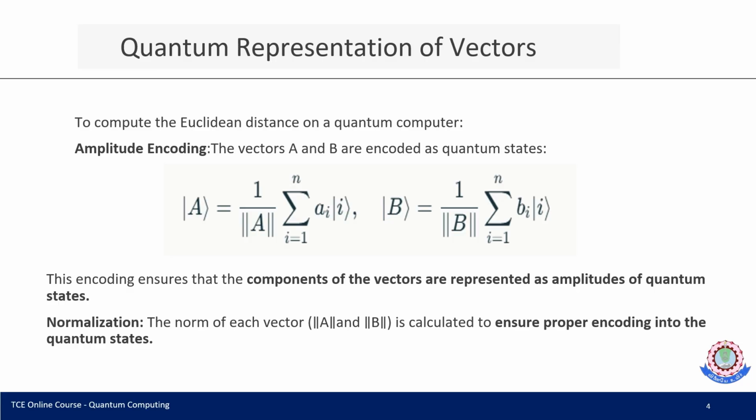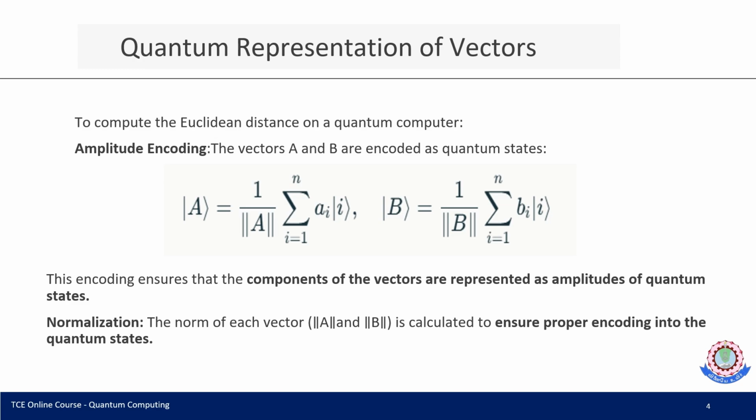In amplitude encoding, the vectors A and B are encoded as quantum states, represented as ket A equals 1 over norm A times the sum from i equals 1 to n of a sub i ket i, and also ket B equals 1 over norm B times the sum from i equals 1 to n of b sub i ket i.